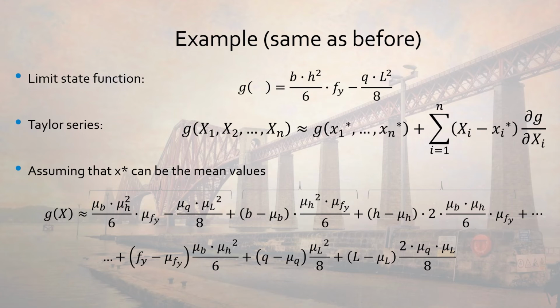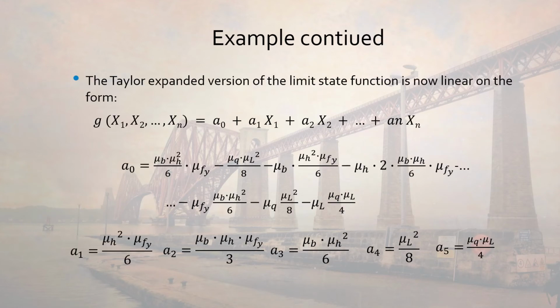First, we have the limit state function inserted with all the mean values, and then we have the random variables times the mean value of the partial derivative function with respect to this variable. If we rewrite the result of this to establish the parameters a0, a1 and so on to a5, these would be as shown here.